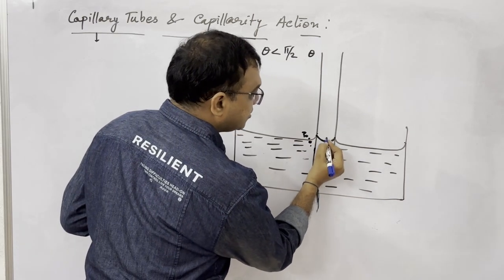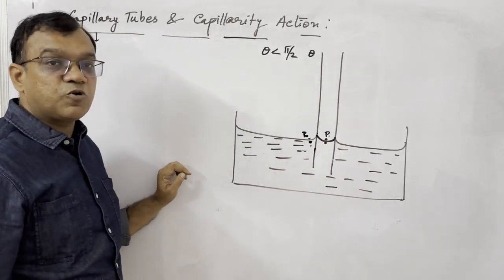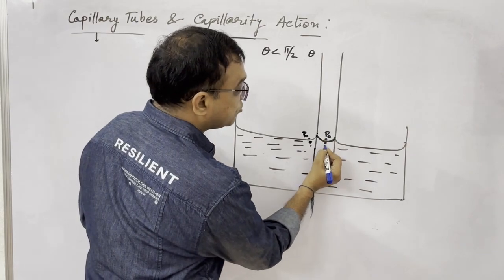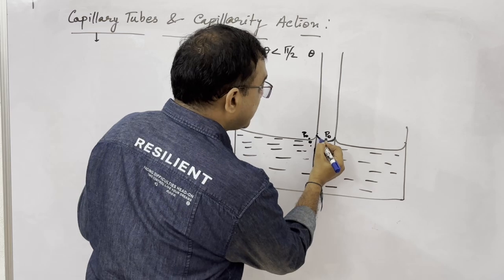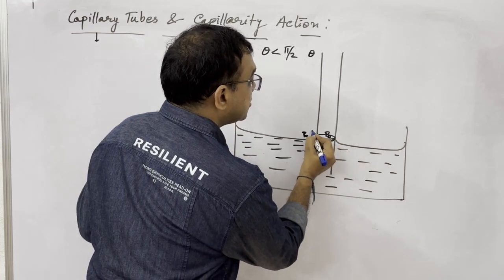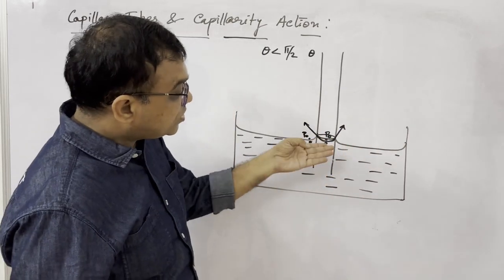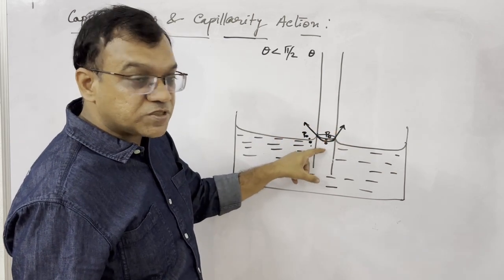So you can say here it is P naught. Pressure on the concave side is more than the pressure on the convex side. So here P naught is more than this pressure. Surface tension force is acting. If I say this is the shape of the meniscus, the surface tension force is acting, and there is a pressure difference.